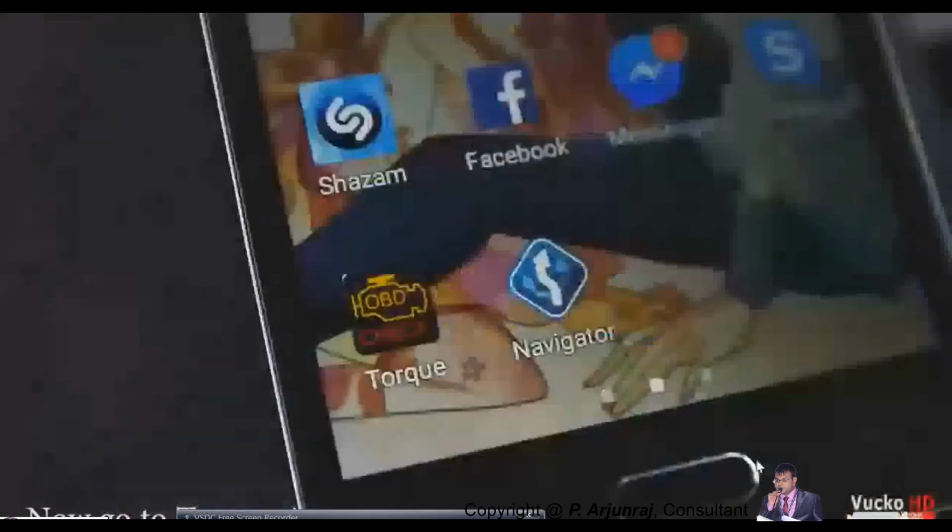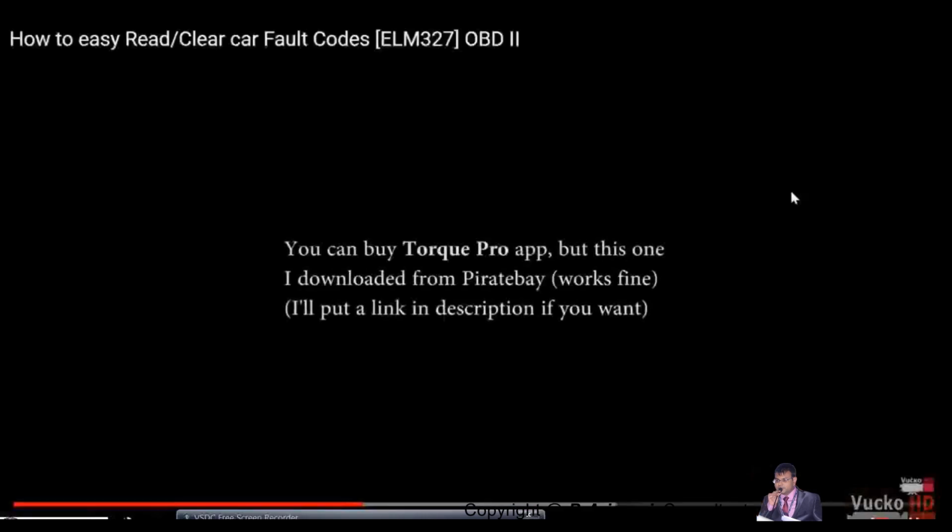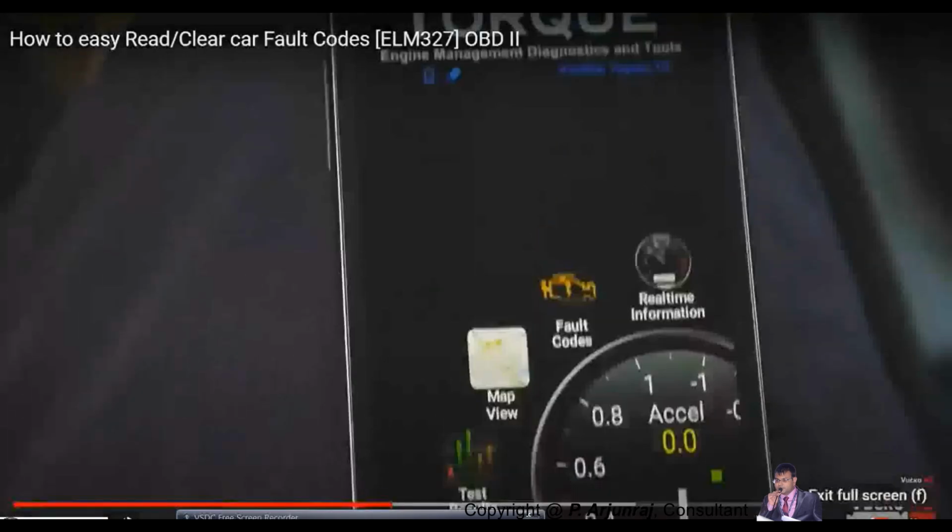It is very important. You can buy the Torque app, install it, and use it with your vehicle.